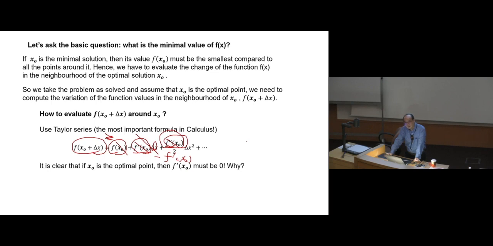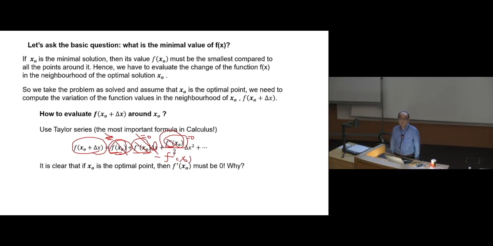If x naught is the minimum value, what's the condition on the third order derivative?